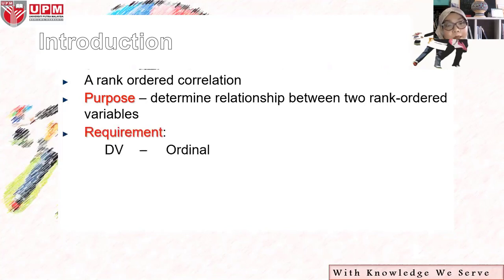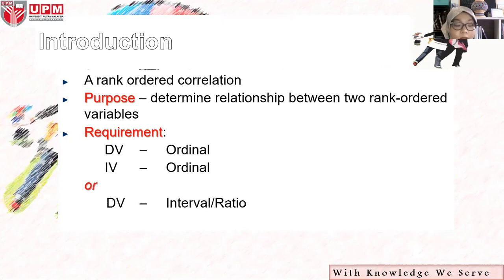The requirement is that both DV and IV must be at the ordinal scale of measurement. Or, if you have continuous data, either interval or ratio, for DV and IV, you may also apply the Spearman rho correlation if your data do not meet the assumption of normality.